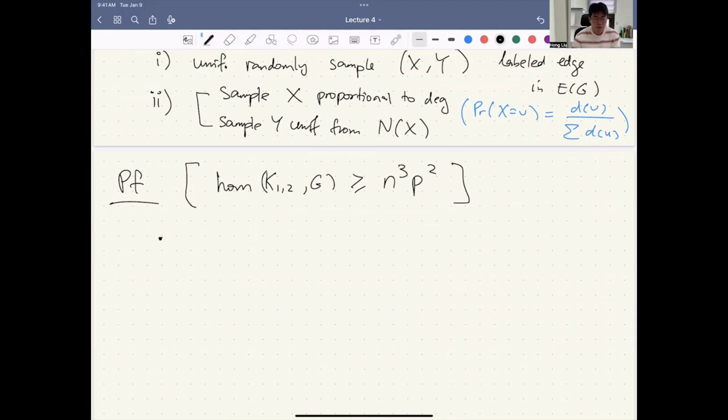This is how we sample a random homomorphism.